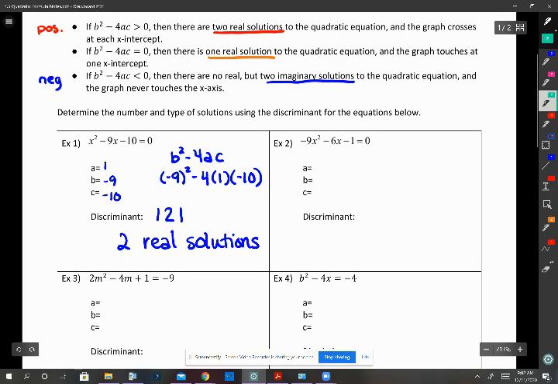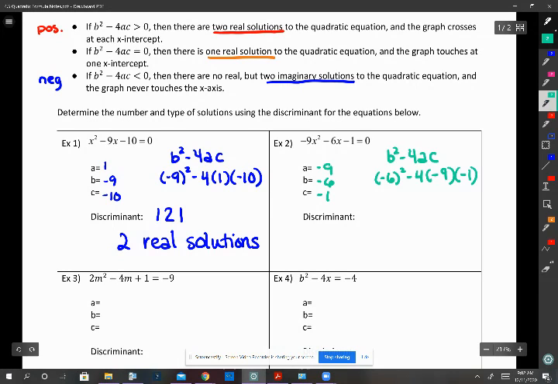Then if we do the next one, a is negative 9, b is negative 6, c is negative 1. We take the sign that's in front of each number. Again, we plug it into the same thing. It's always b squared minus 4ac. b is negative 6, a is negative 9, c is negative 1.